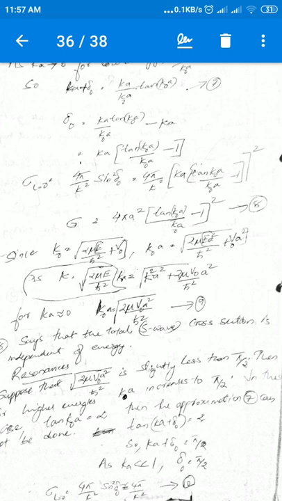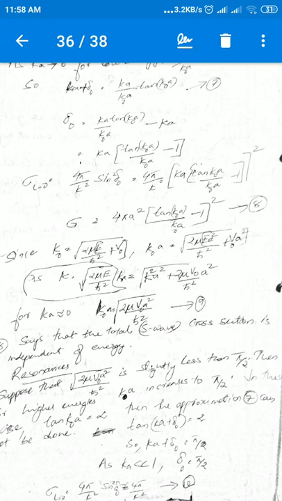So k0a is the root of 2μ/ħ² (Ea² + V0a²). And 2μE/ħ² is k², so I write k² inside the root. So k0a = √(k²a² + 2μ/ħ² V0a²).